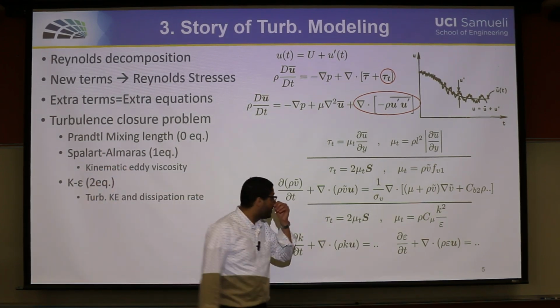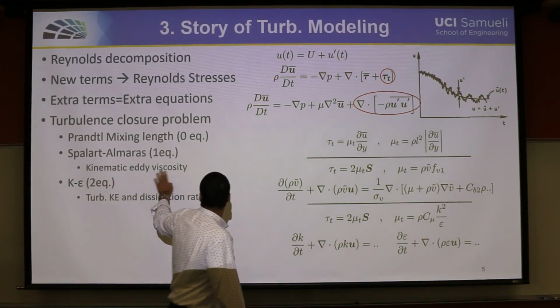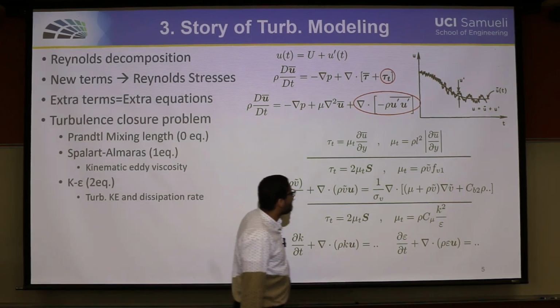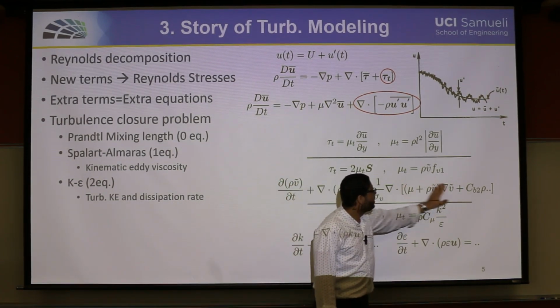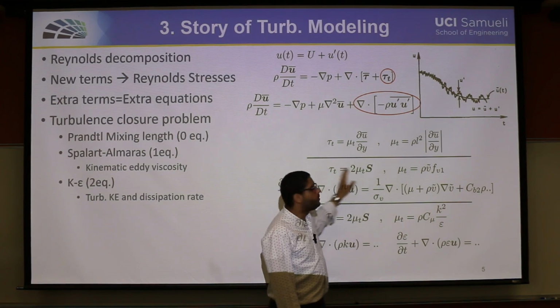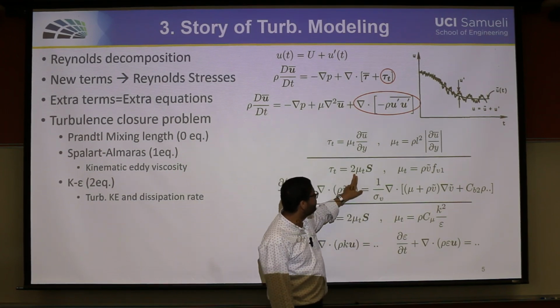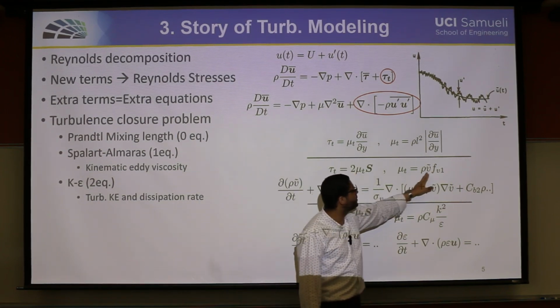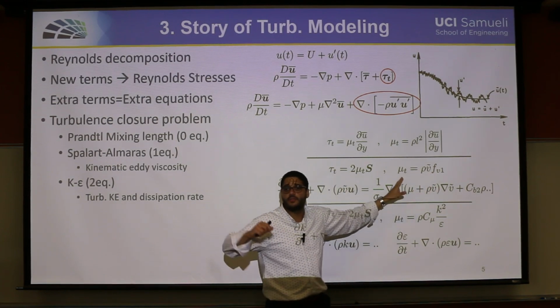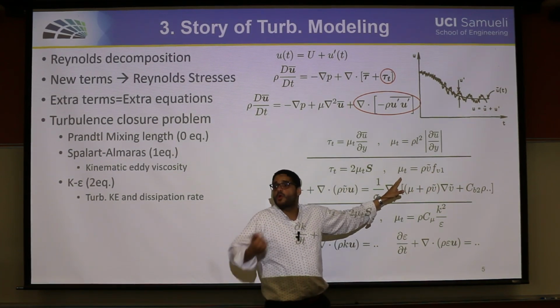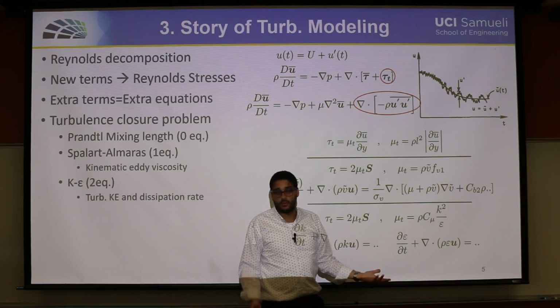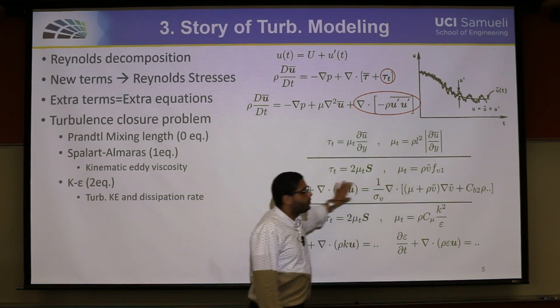Why is that? Because the one equation model relies on defining the turbulence in terms of just a mu tau, and that mu tau is a function of your kinematic viscosity, as if they are defining another property of your liquid. That's why they have only one equation.